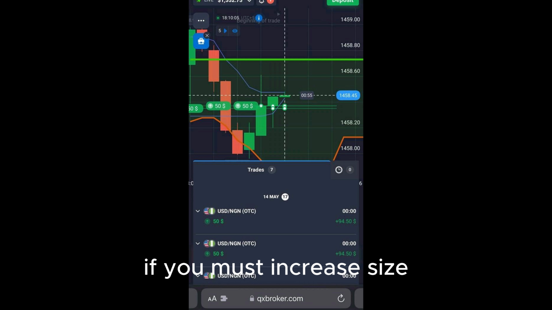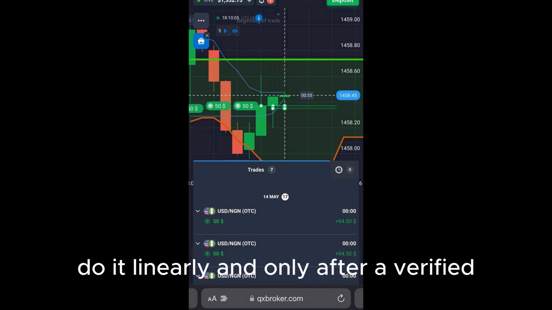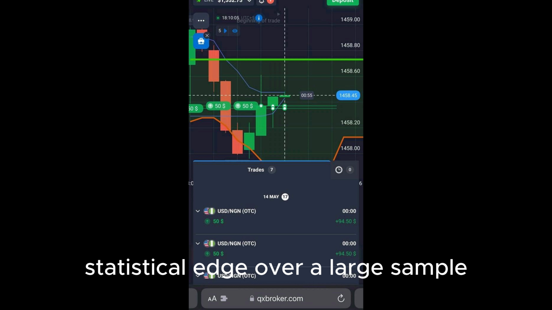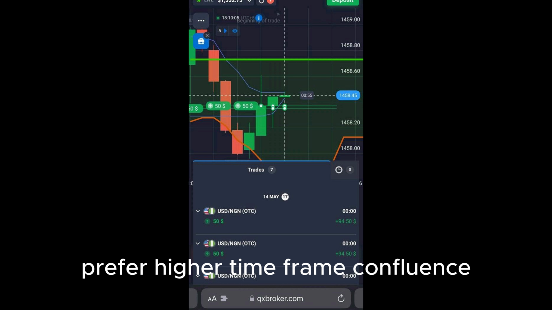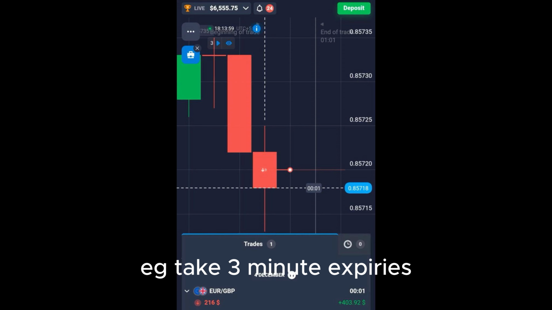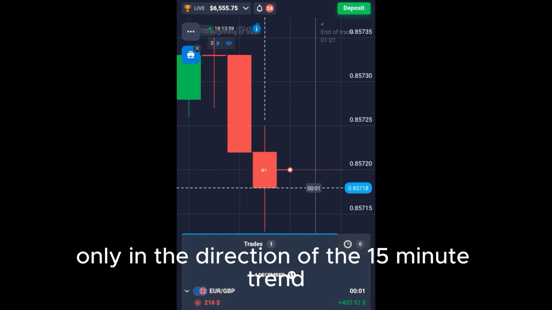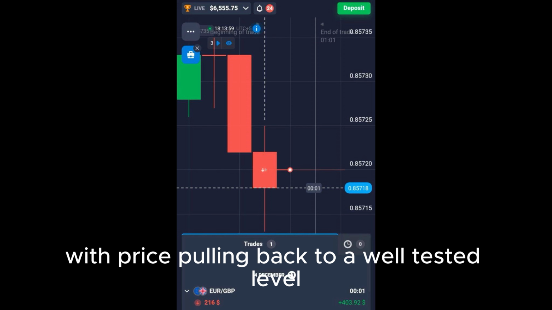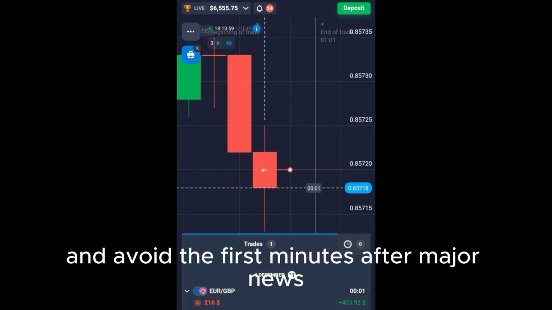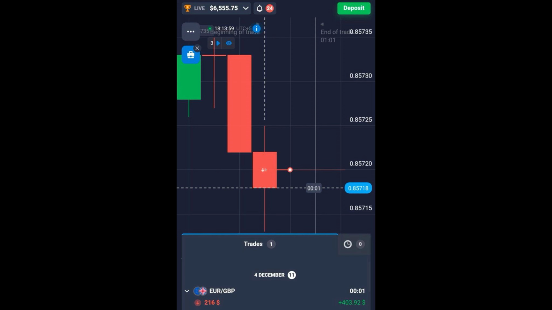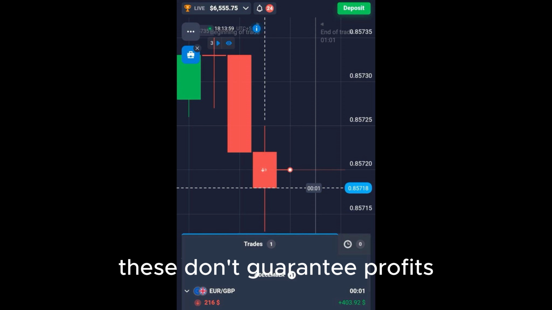If you must increase size, do it linearly and only after a verified statistical edge over a large sample. Prefer higher time frame confluence, e.g., take 3-minute expiries only in the direction of the 15-minute trend, with price pulling back to a well-tested level, and avoid the first minutes after major news. These don't guarantee profits, but reduce pure randomness.